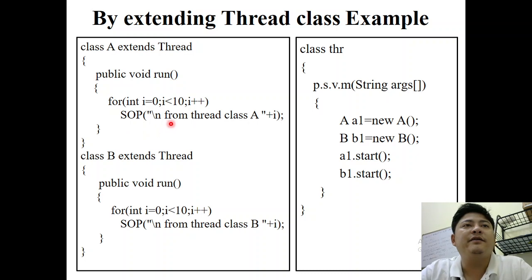Initially in the output screen, you might get output from thread class A, with values 1, 2, 3, 4, 5, 6 of i in a loop. After that you may get B's part, or you may get interleaved output also. Which fashion you will get is very interesting to know.